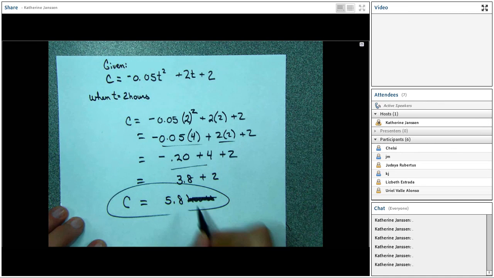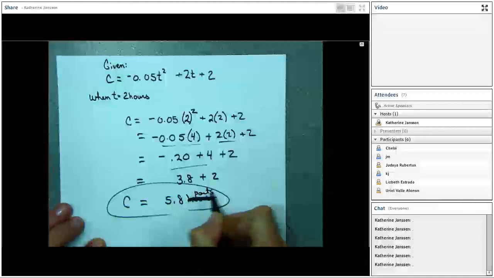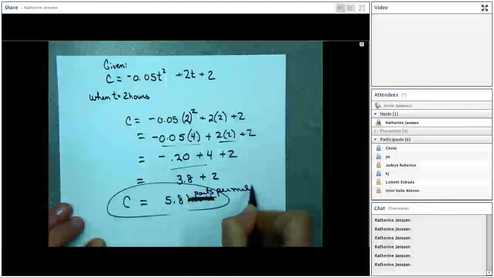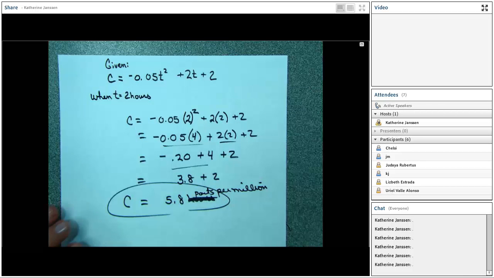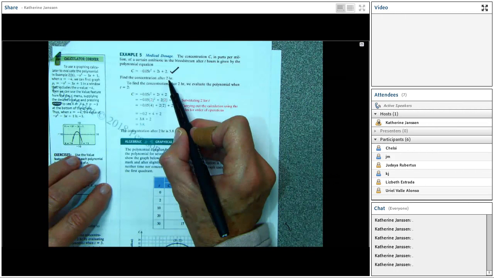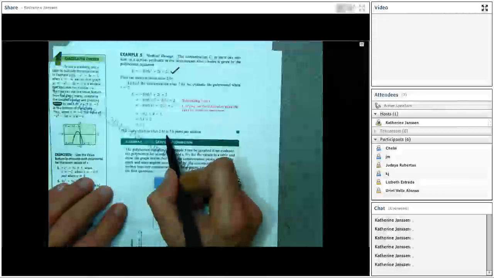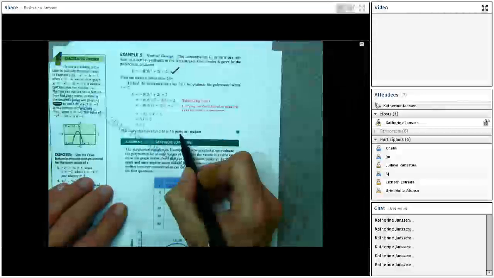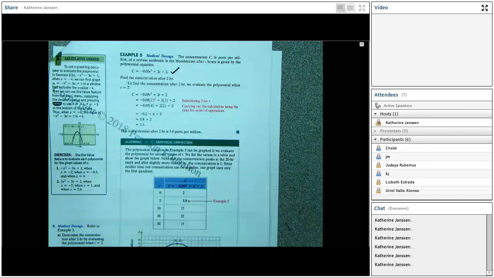Parts per million. So we substituted hours for t, and our concentration is 5.8 parts per million after 2 hours, which is what the unit measurement was.